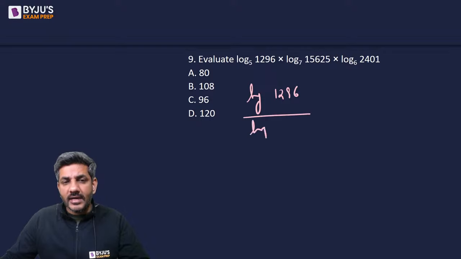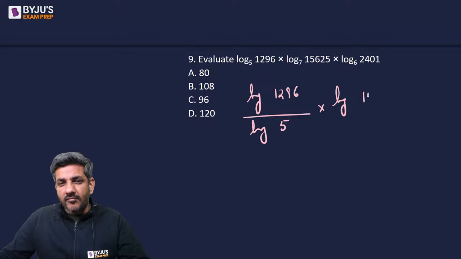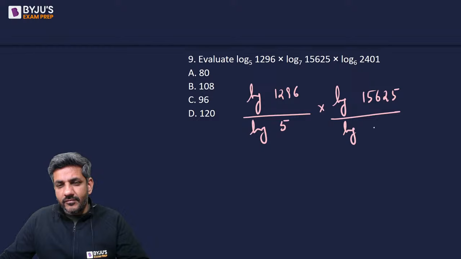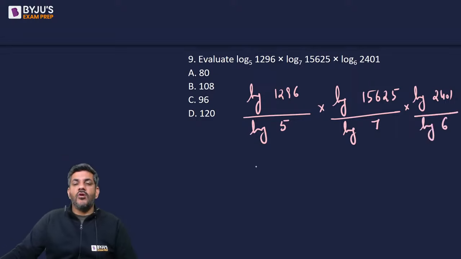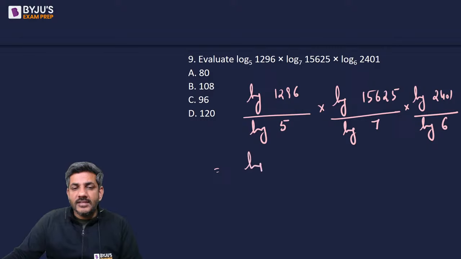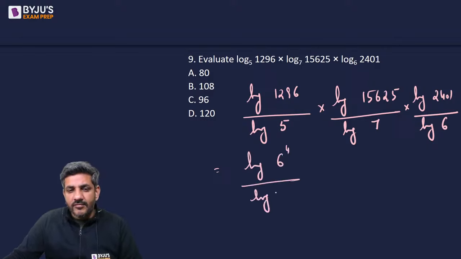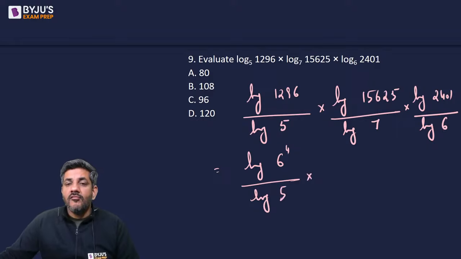as log 1296 with base 5 and log of 15625 with base of 7. So it is log 7 and log of 2401 with base of 6, so log 6. Now what is 1296? 1296 is 6 raised to the power 4 divided by log 5 into 15625.